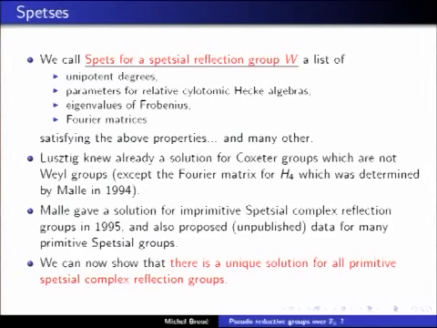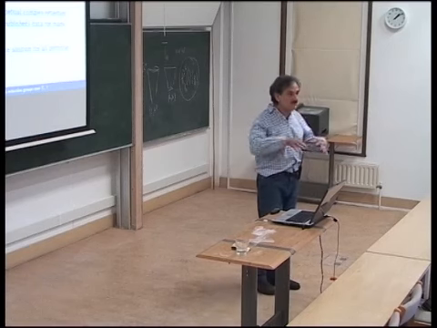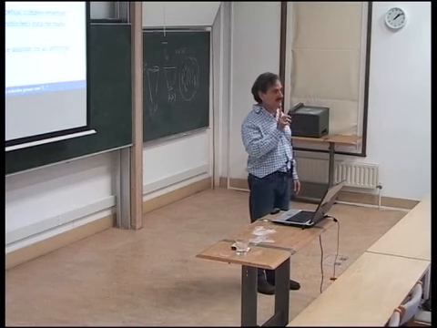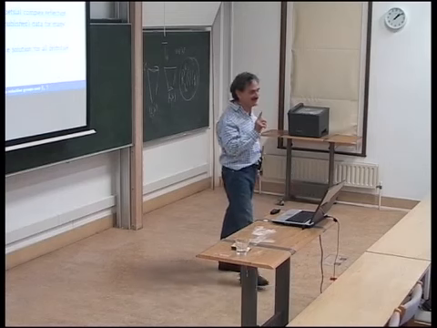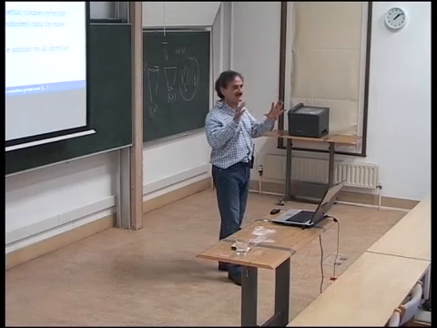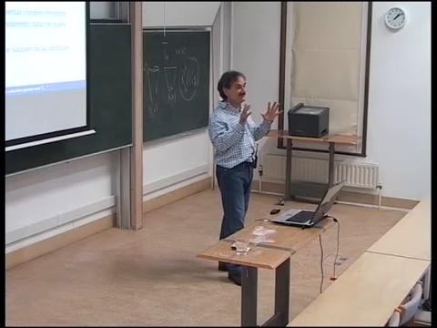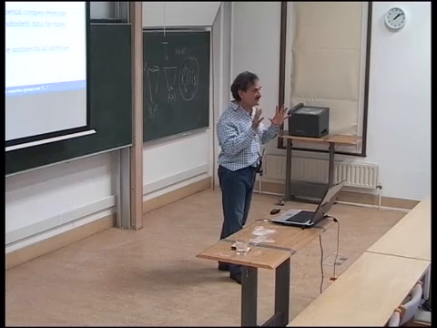So what's the point of such a work? The point is to prove that there is an object behind the spetsial reflection groups, definitely, which will explain all the coincidences. But be careful: all these miracles are not yet explained, even for reductive groups.